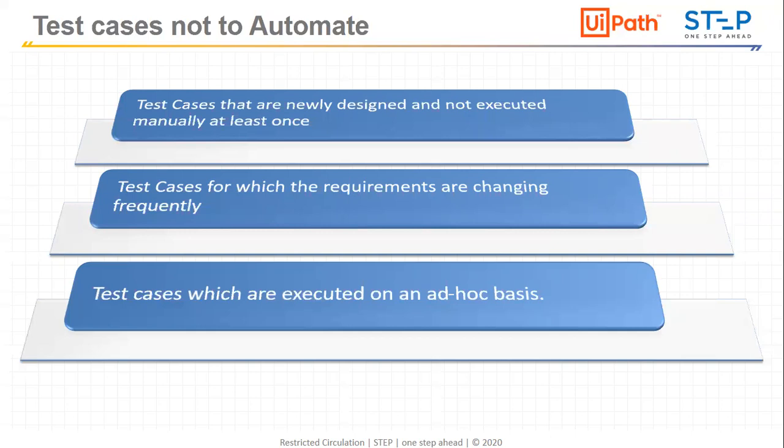Next are the test cases whose requirements are changing frequently. Suppose, for example, the bank is not clear about the functionality for the credit card module. They are thinking about how much percentage they need to give to the customers, after purchasing how many items or on which website. They are not sure about this, and the functionality will keep changing.